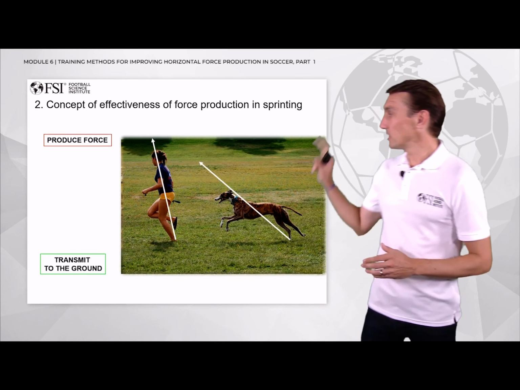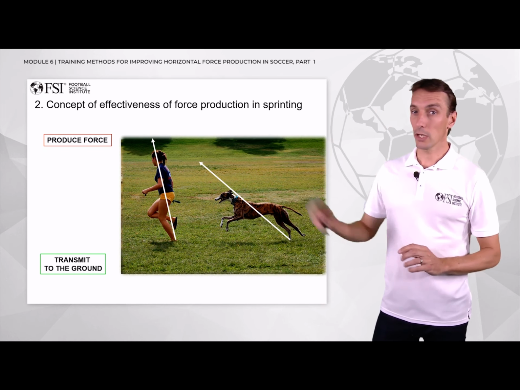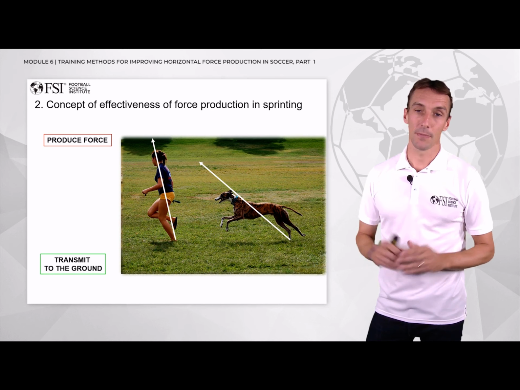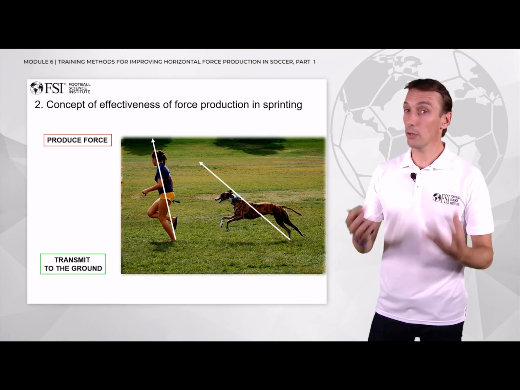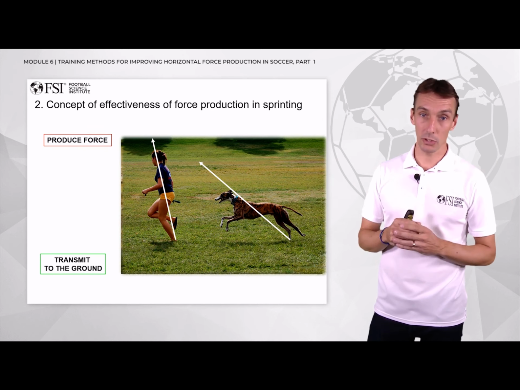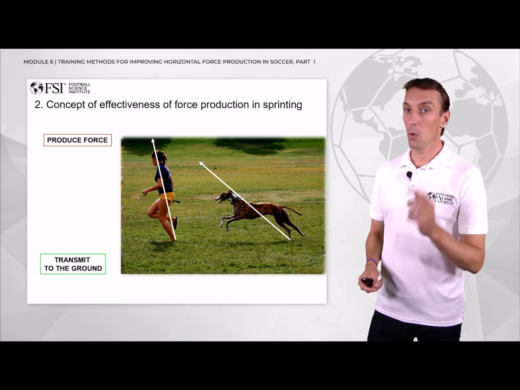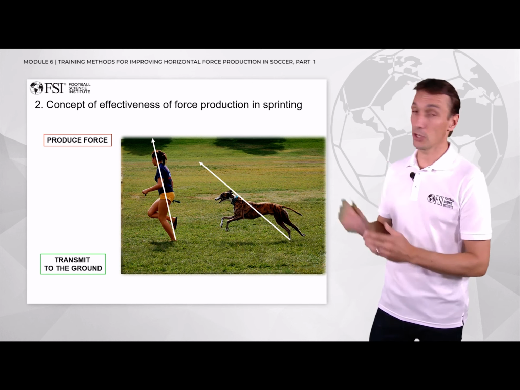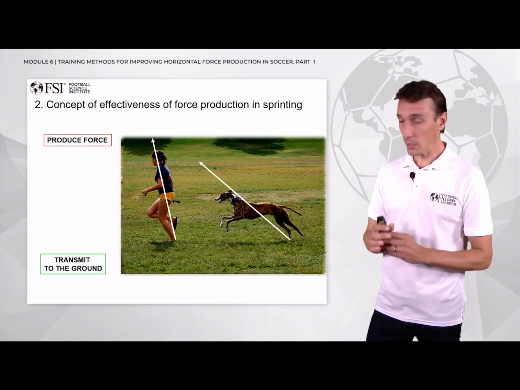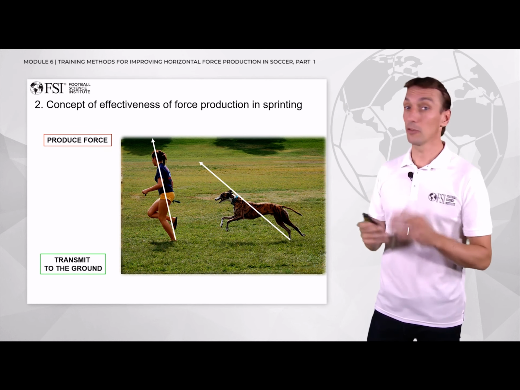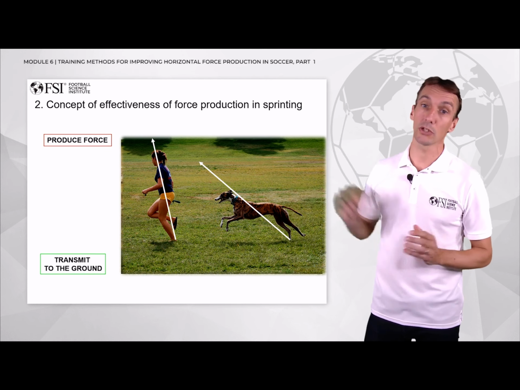Look at this picture in details. If you see the dog and if you see the girl, basically their movement will be generated by the force output they can produce onto the ground. What is the advantage of the dog in this situation? As you can see, the orientation of the force for the dog is much more horizontal.